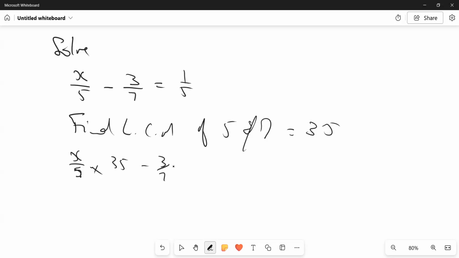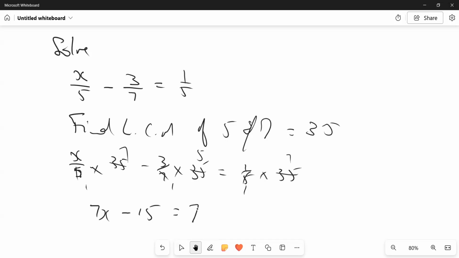Then take the 3/7, multiply by 35 as well, and then take the 1/5 and multiply by 35 as well. So you get 5 1s, 5 7s. So this becomes 7x here. 7 1s, 7 5s, 3 5s, 15. So you get minus 15 equals 5 1s, 5 7s. So you get 35.